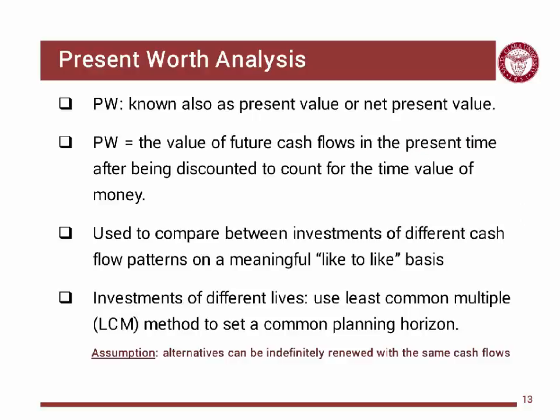And you can do that by discounting all future values and bringing them to the present. So you're comparing like to like, or apple to apple. And as long as I'm not telling you this investment is a one-shot investment, which we'll see in another lesson, then you always assume it's renewable indefinitely, and then you compare based on the least common multiple method.